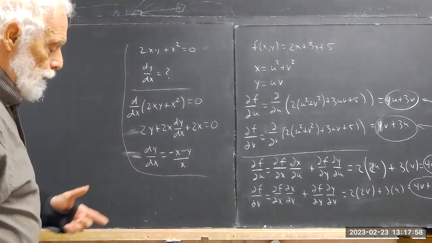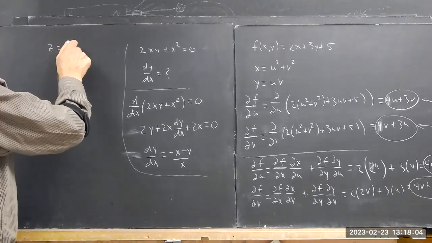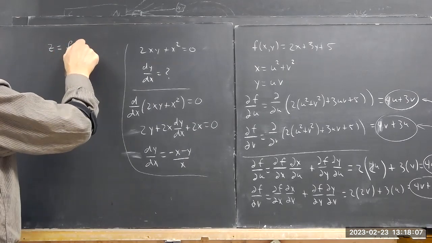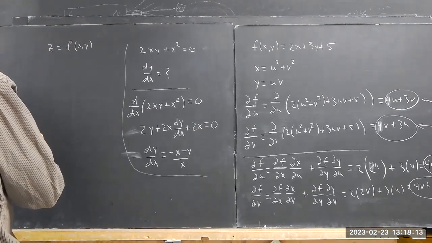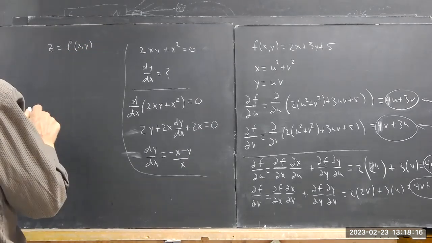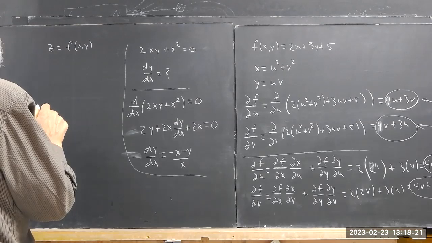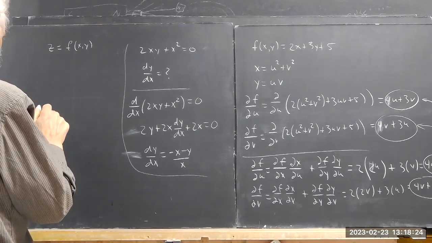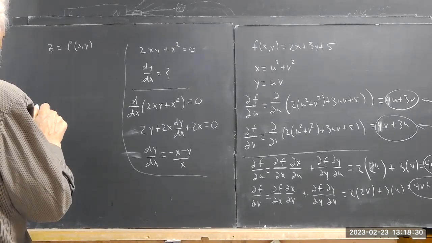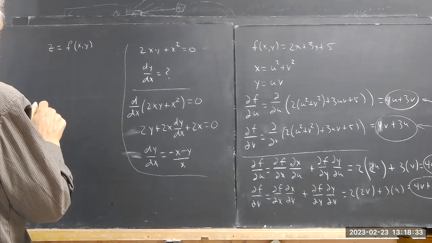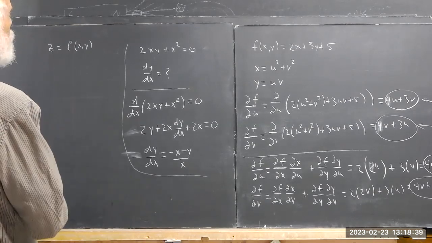Going to do implicit differentiation with a function of 2 variables. I think how to make this clear.